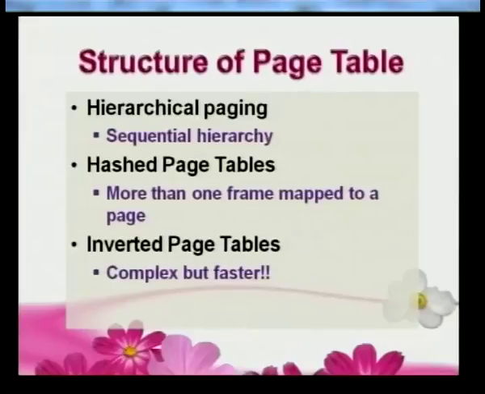Hashed page tables work under the concept of mapping more than one frame to a particular page. Hashing works under the concept of buckets. Every bucket consists of more than one frame, and every bucket is mapped to a single entry in the page table. The third, more complex and yet another alternate mechanism, is inverted page tables.